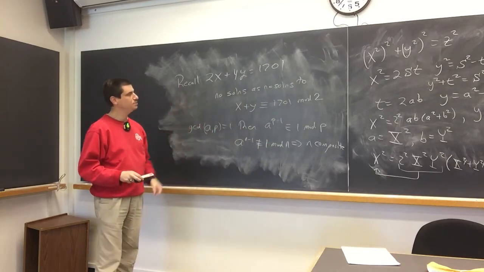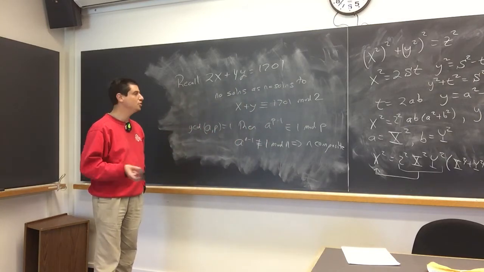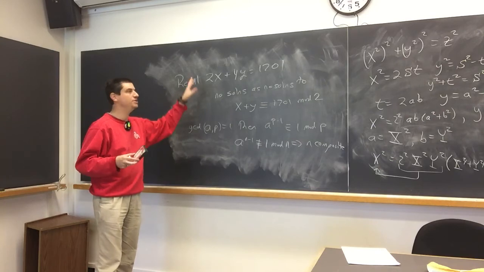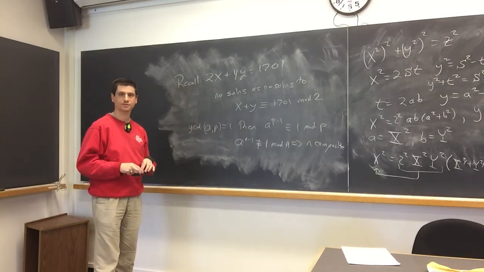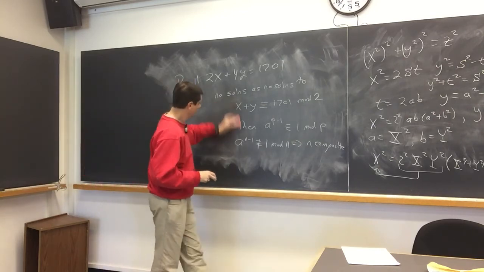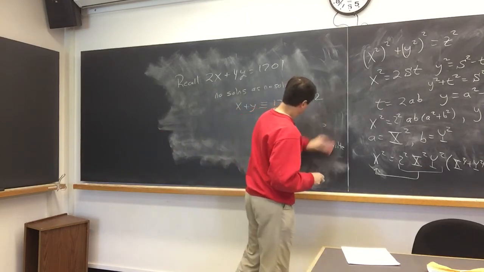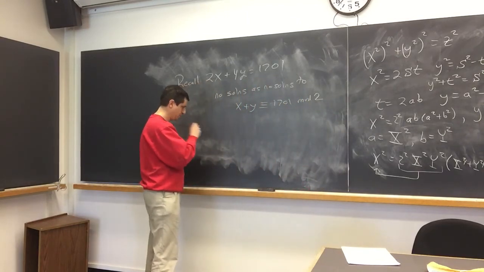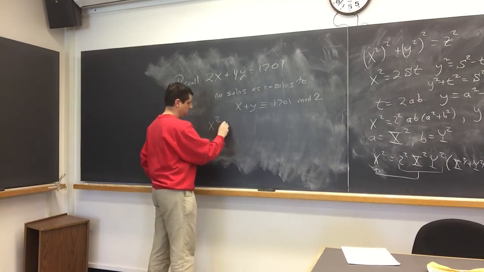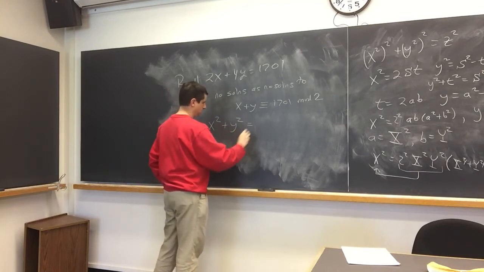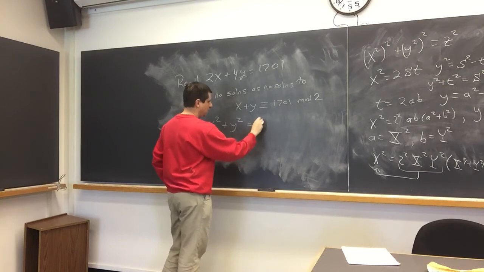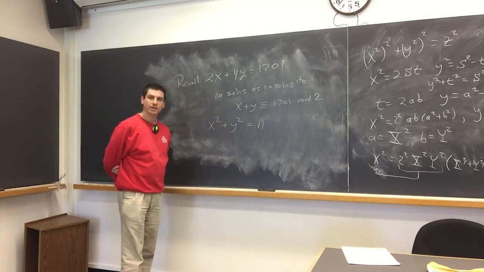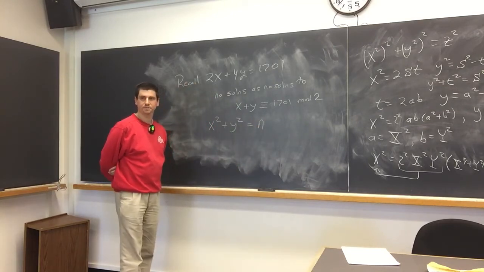So we could study this mod 2, and we could see that there's no solution mod 2, so there can't be any solutions over the integers. Let's do another one. Let's say we're trying to write n as a sum of two squares.